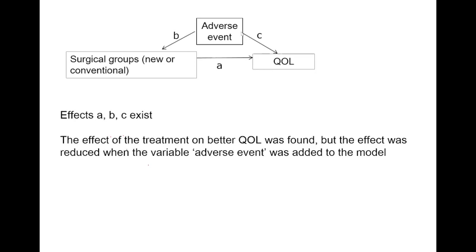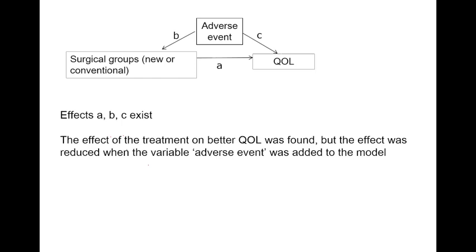And of course, there is a relationship between adverse events and the quality of life. People with better quality of life do not have many adverse events. Effects A, B, C all exist. Now, the effect of treatment on better quality of life was found. We found a relationship. But the effect was reduced when the third variable, adverse event, was added to the model.